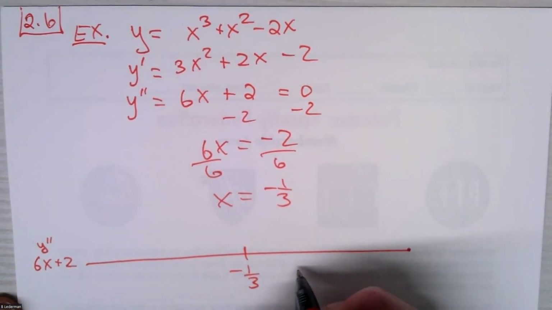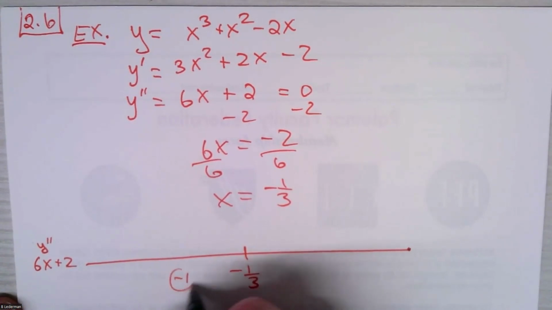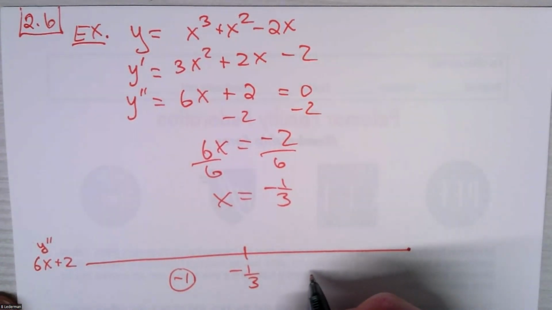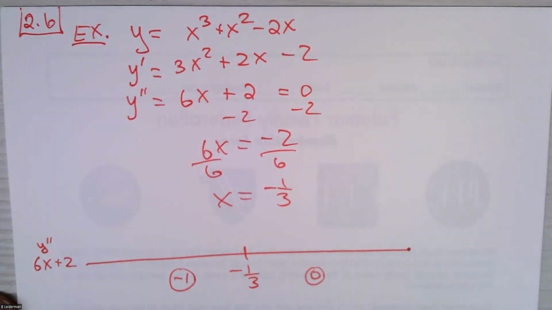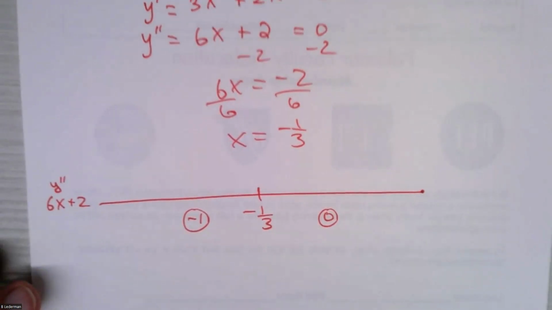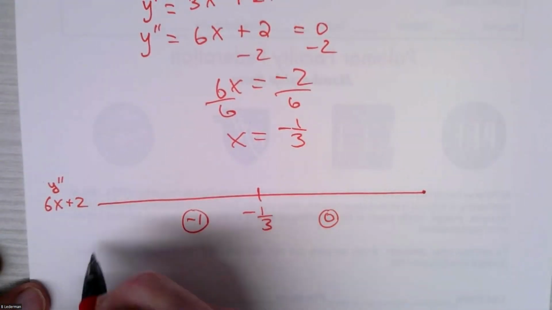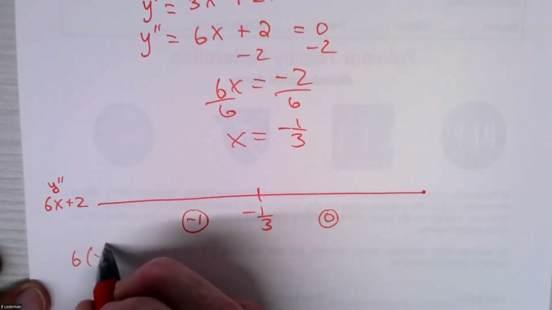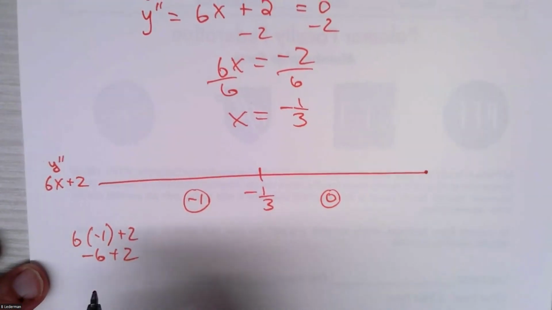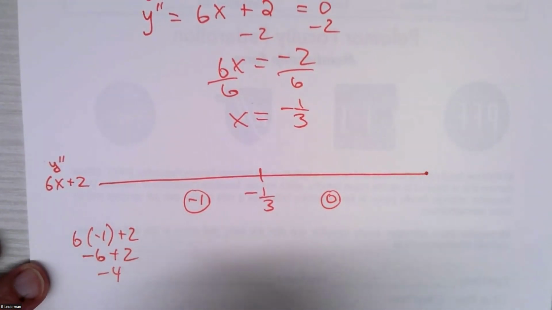So I'm going to test negative 1, make that one of my test points. I'm going to test 0, make that another test point. I'm going to put that into x. 6 times negative 1 plus 2, that equals negative 6 plus 2, which equals negative 4, which of course is negative.